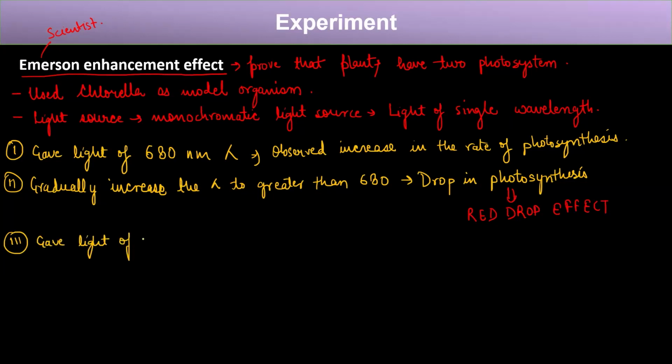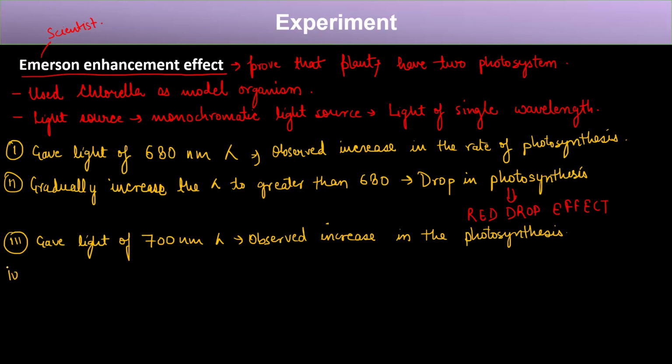Again he observed that there was an increase in photosynthesis. And now we know why this happens, because when the light of 700 nm was given, there was activation of PS1, photosystem 1, right? And that leads to photosynthesis.